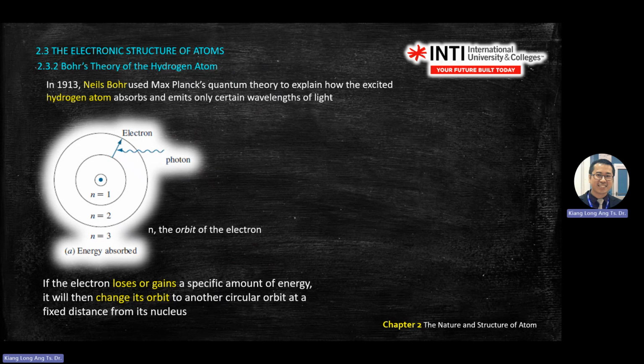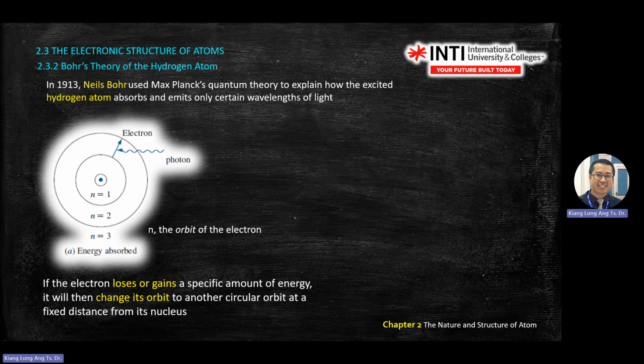The same law applies in Bohr's model. If you want to make the electron move from one orbit to another, n is the number of the orbit. If you want to change n from 2 to 3, you give energy.